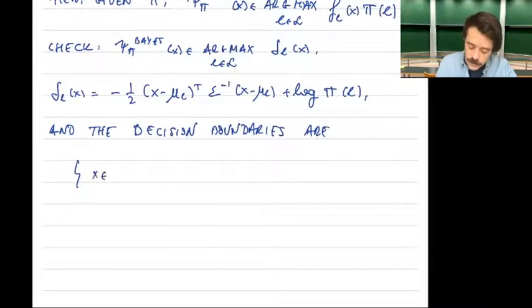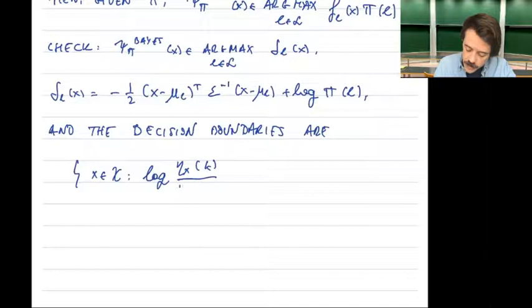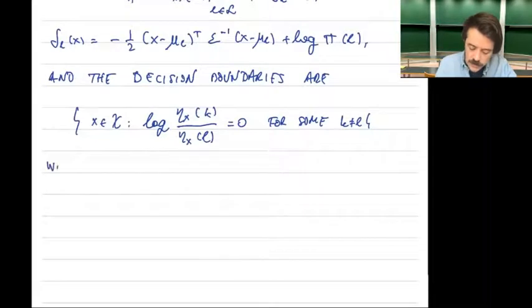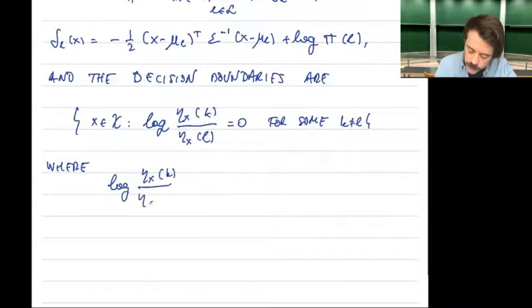So it's the set of x's in the sample space such that the logarithm of the regressor for k and the regressor for L equals 0, okay? For some k distinct from L. And then the last bit of the exercise is where the logarithm that I wrote above equals alpha.